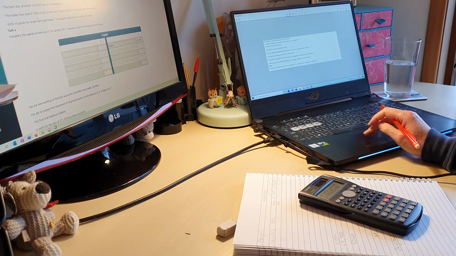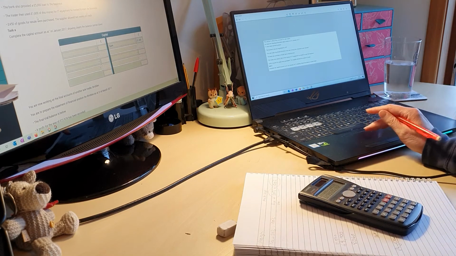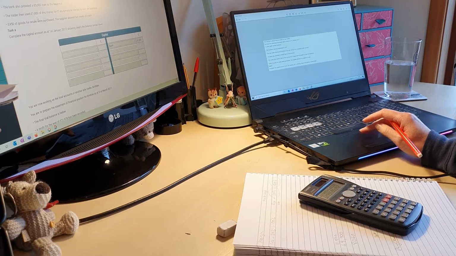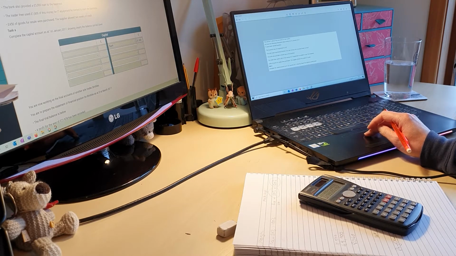The trader then used 1,800 of this money for IT equipment that he needed to start the business. 450 of goods for resale were purchased.